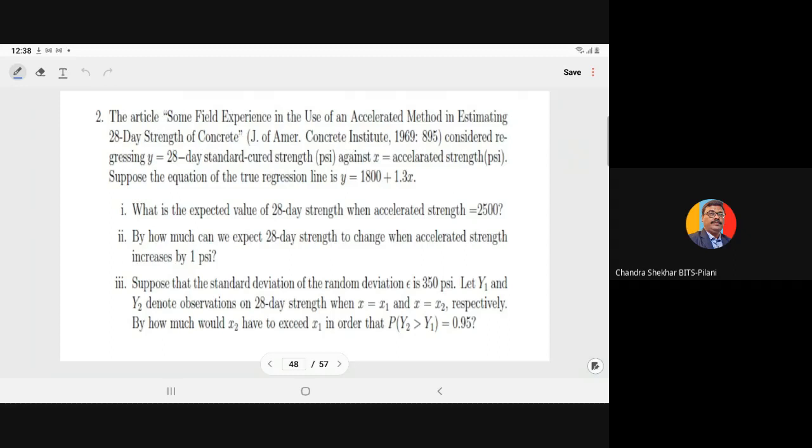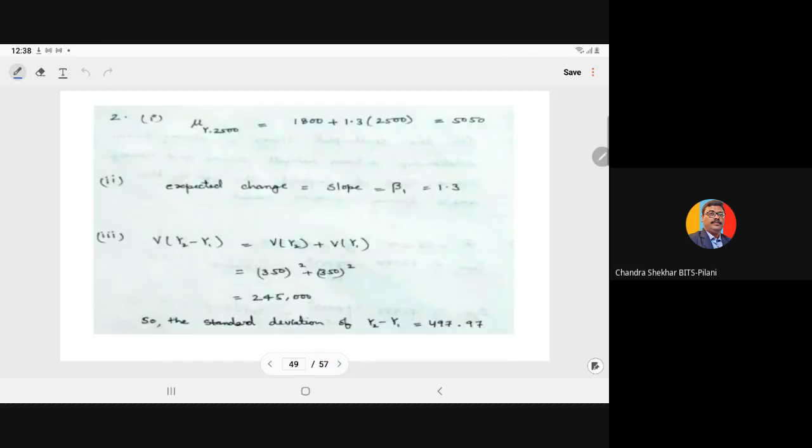So what is the expected value of 28-day strength when accelerated strength is 2500? So in this case, x is given to you. So we have to compute the expected value of y for the particular value of x.